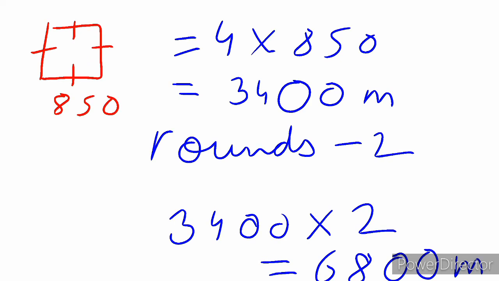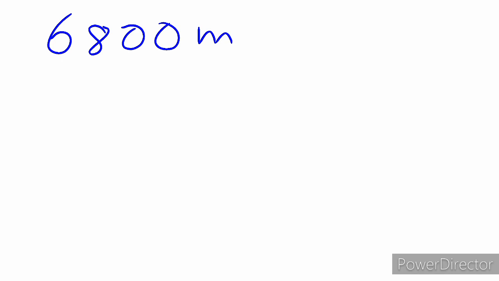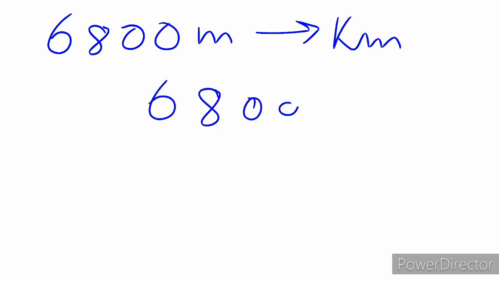Okay, so the answer we have found, but we have to find it not in meters, in kilometers. So how do we do that? Let's take a look. We have the answer as 6800 meters and we have to convert it into kilometers. We will write down 6800 divided by 1000.